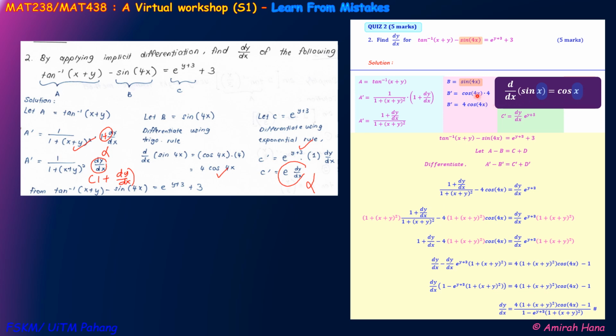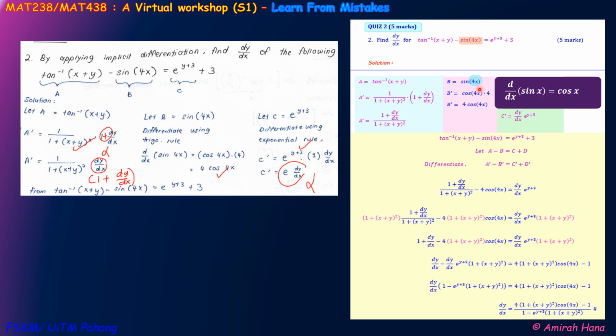So, when we differentiate sine 4x, the angle now equals 4x. First, we get cos 4x, because when we differentiate sine single x, the answer equals cos single x. So, when we differentiate sine 4x, the answer equals cos 4x.